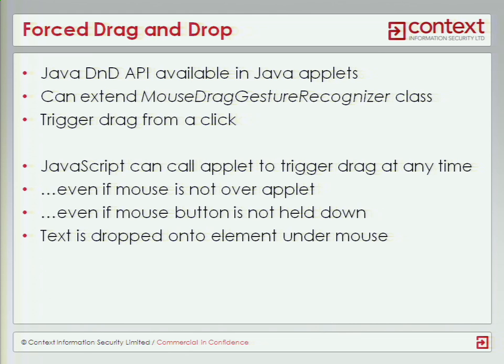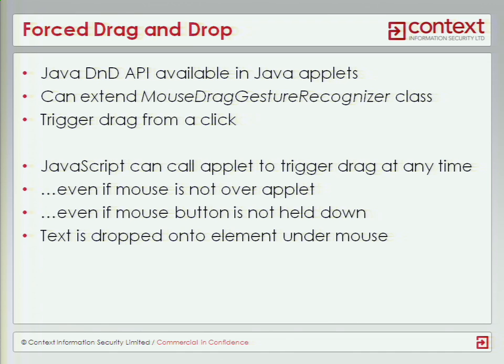We can actually go even further with the Java drag and drop API. Instead of requiring the user to do anything with a Java applet, we can just start a drag and drop event right now. So JavaScript on a malicious web page could use a hidden Java applet to force the user to enter text into form fields.